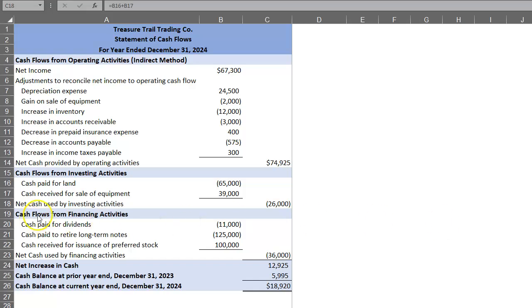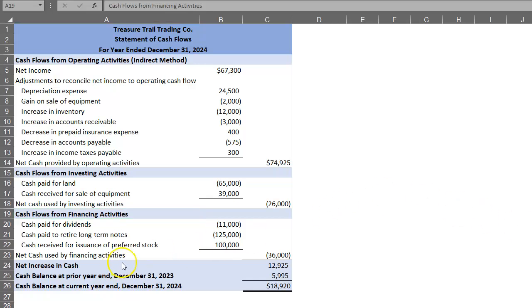Moving along to our next section, if we look at cell A19, our header says cash flows from financing activities. This section includes cash movements related to borrowing, repaying debt, issuing stock, and paying dividends. It reflects how a company funds its operations and growth through investors and lenders.